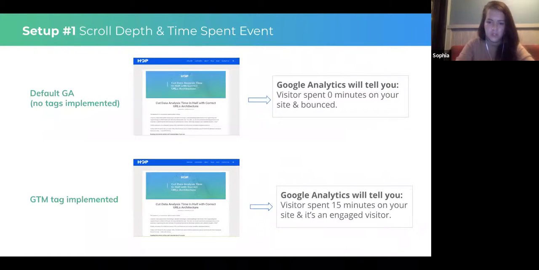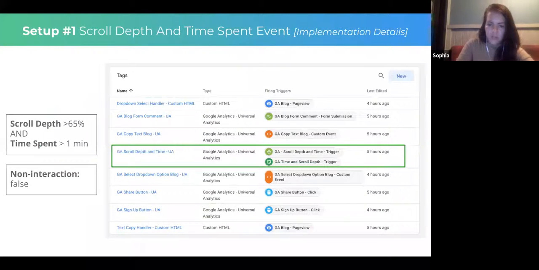I wanted to make sure you understand that this is also a tag that helps with data accuracy. But of course, we also want to send an event in Google Analytics, and the event works like this.